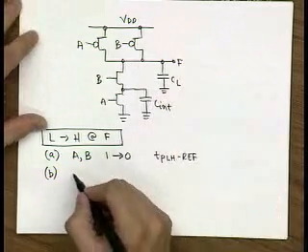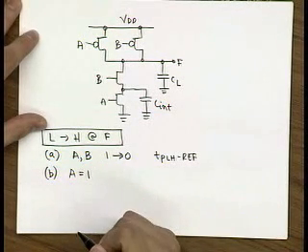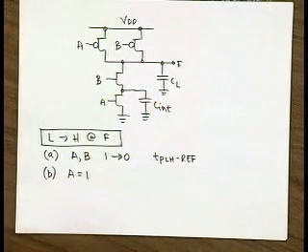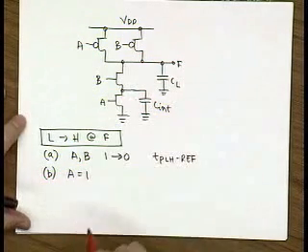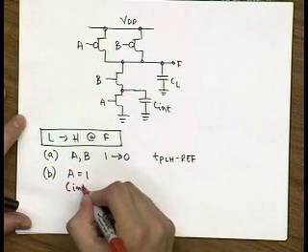So let's say that first we analyze a simpler case where A is equal to 1. A equals to 1, what does it mean to this intrinsic capacitance? What's the value of this node over here when A is equal to 1? 0. Okay, good.